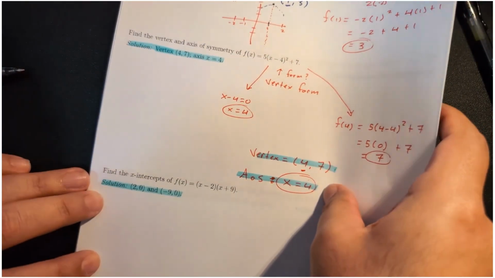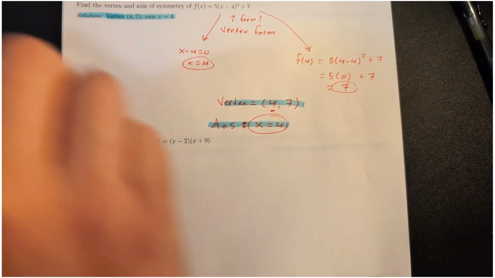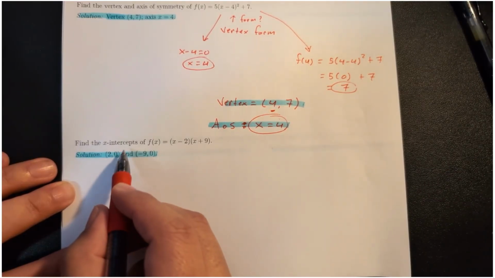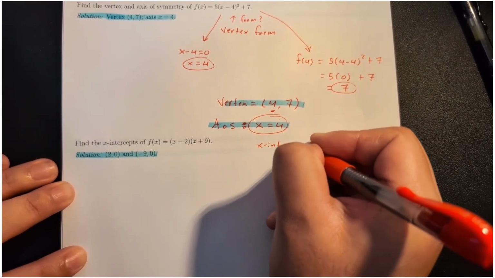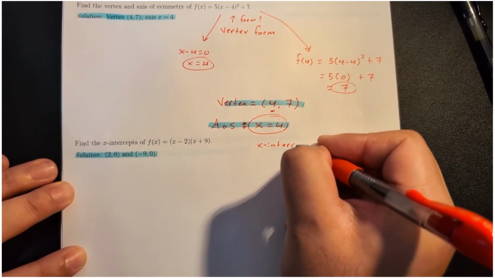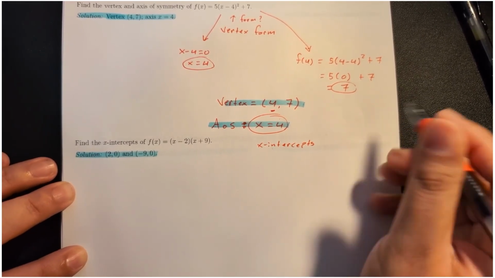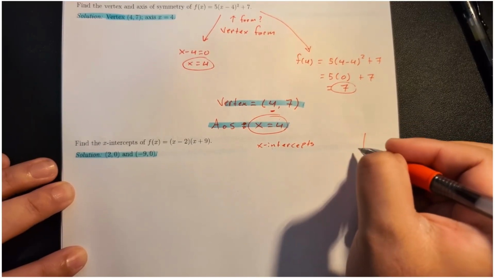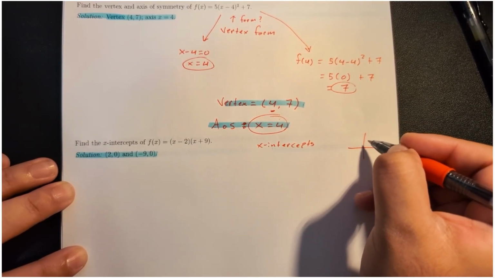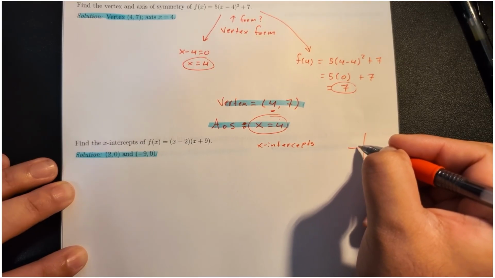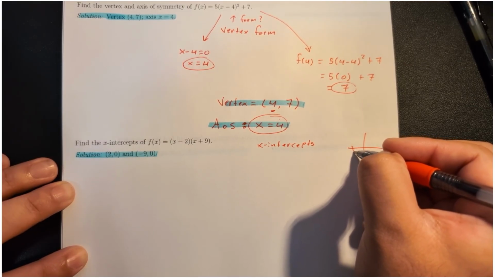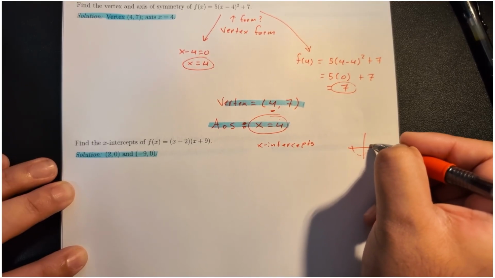Let's do another one. Okay, so finding the x-intercepts. So whenever you hear x-intercepts, this is where it crosses the x-axis, right? My parabola can probably look something like this.